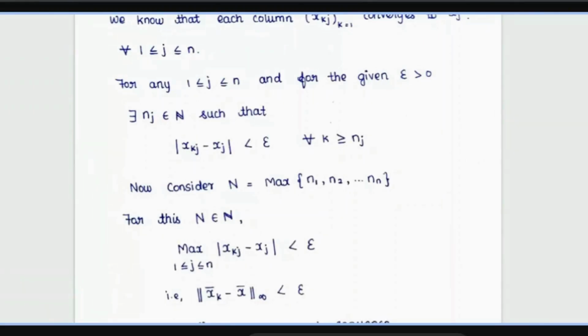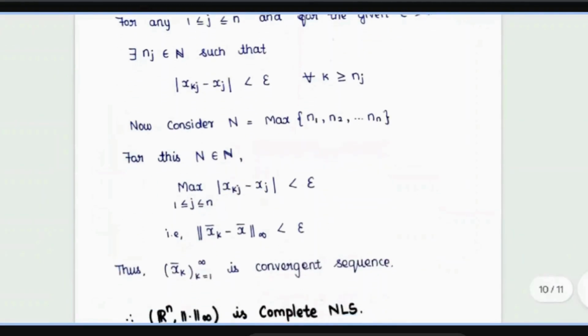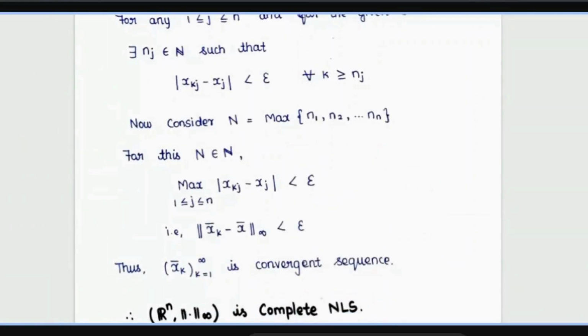Because capital N is the maximum of all the n_j's, and we know that for each n_j the modulus of x_kj minus x_j is less than epsilon, this is also true for stage capital N. So the maximum over 1 less than or equal to j less than or equal to n of the modulus of x_kj minus x_j is less than epsilon, which is nothing but the L infinity norm of x_k bar minus x bar being less than epsilon.